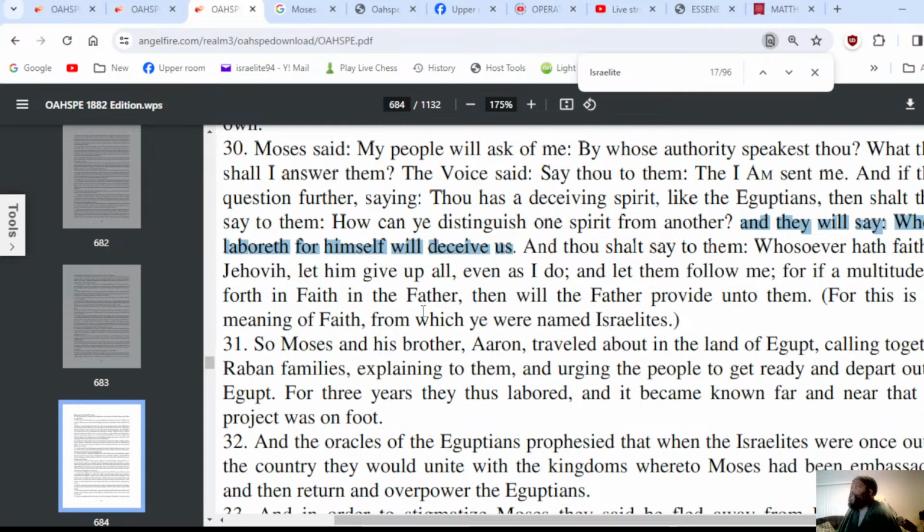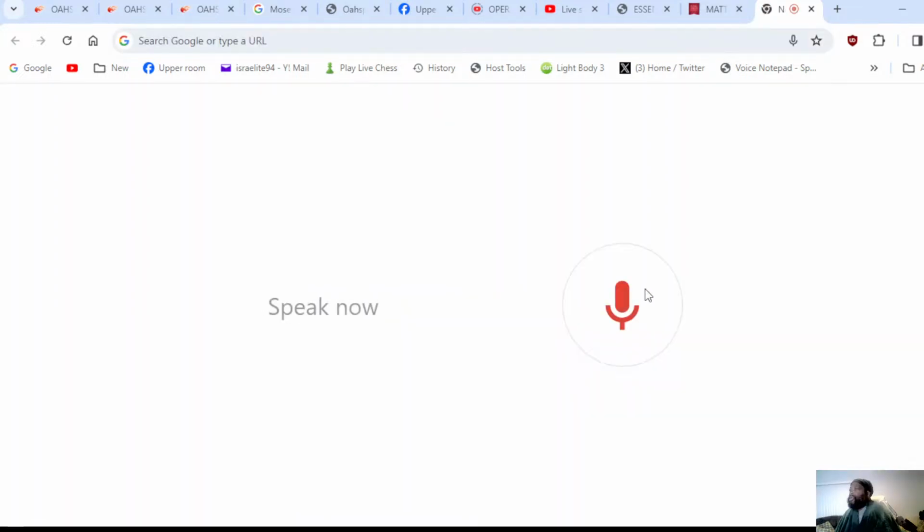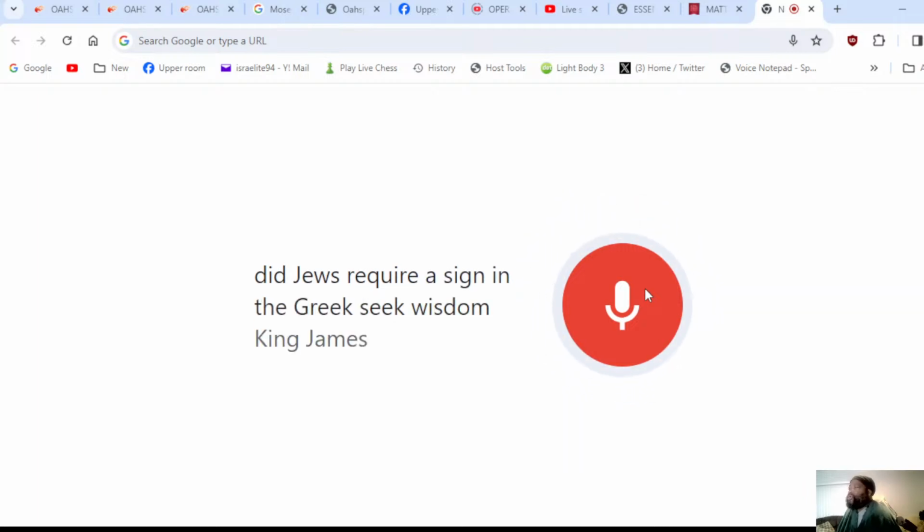That's why it's easy for you faithists, you Israelites, to hear this word for some reason. You don't really need all of that proof. It resonates with you automatically. It says, but the Jews require a sign and the Greeks seek wisdom, King James Version.